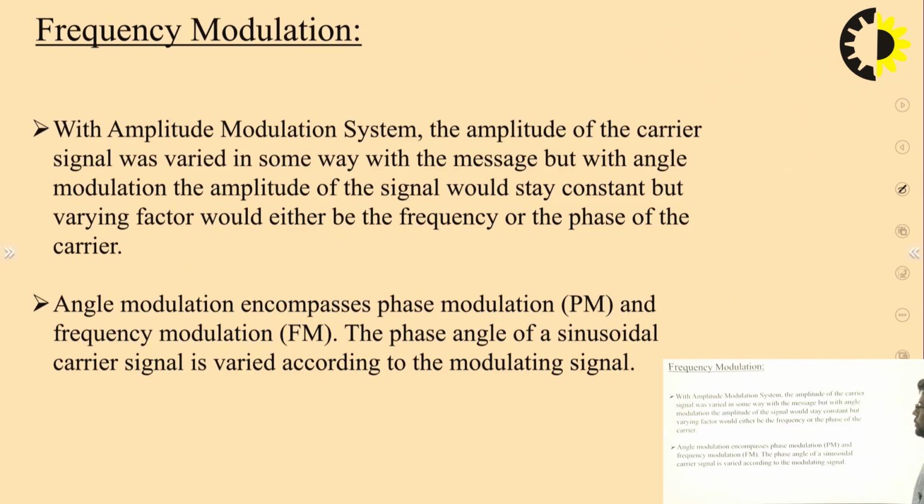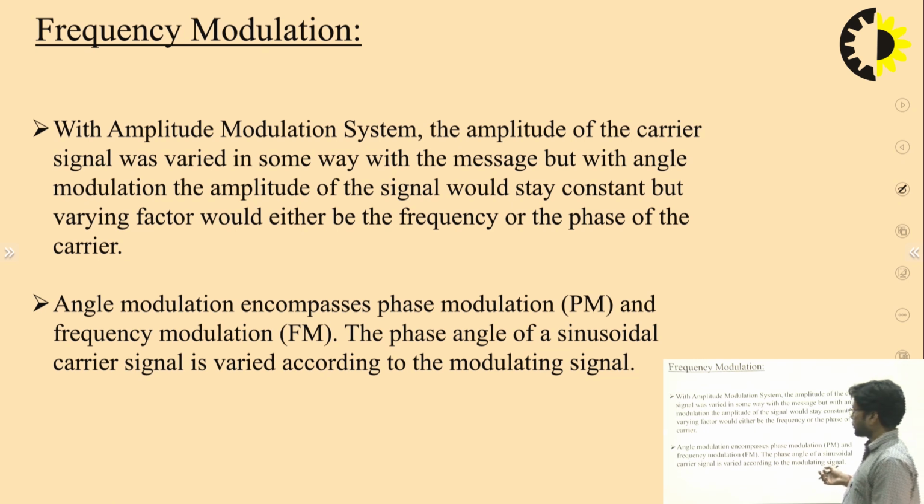Frequency modulation, as I already told you: if you change the frequency of the carrier signal in accordance with the instantaneous value of the message signal, then this phenomenon is known as frequency modulation.